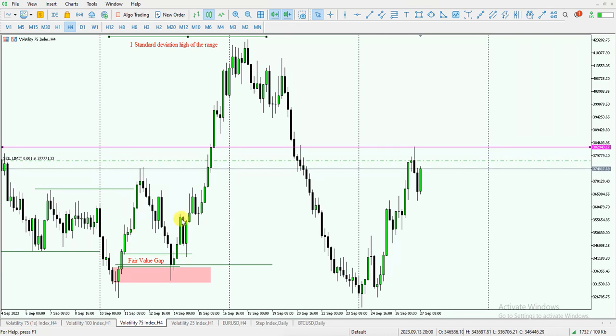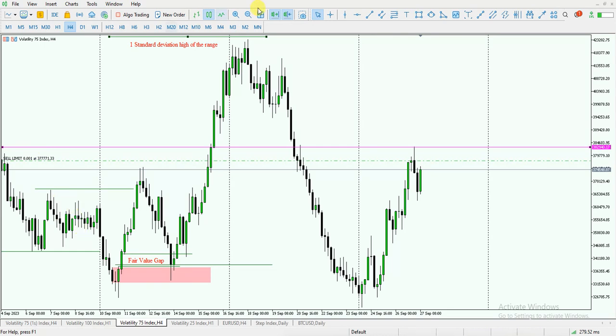ICT has taught us much, and today I want to throw light on how you can also find them on volatility index pairs, how to identify the dealing ranges and how you can use them to execute your trades. All right.